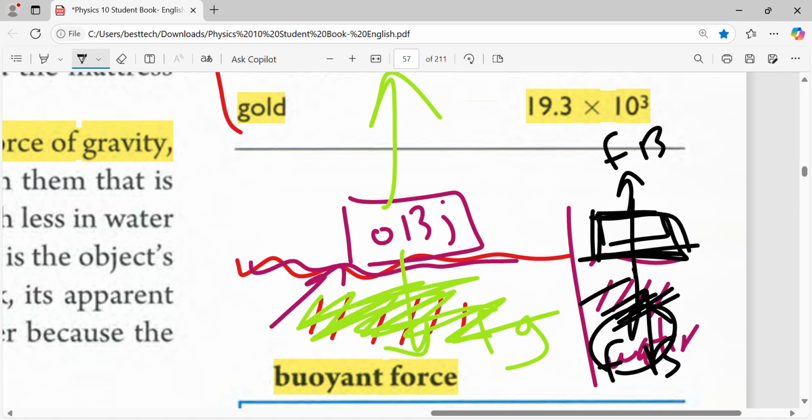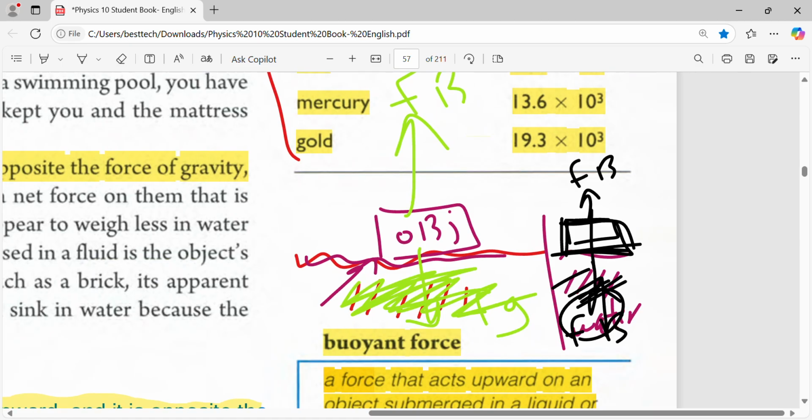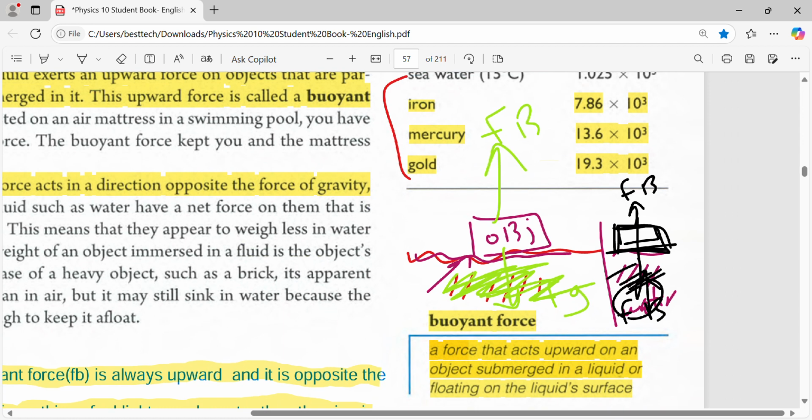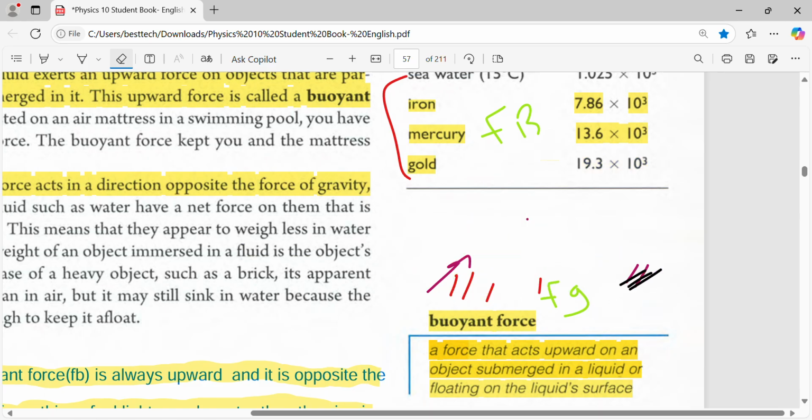Without the buoyant force, the object sinks. Later we will study it. We have some conditions where the object sinks and goes under the water, but in general, Fb is the force of the water that pushes the object to stay on the surface, and the direction is always upward. This is the buoyant force in general.